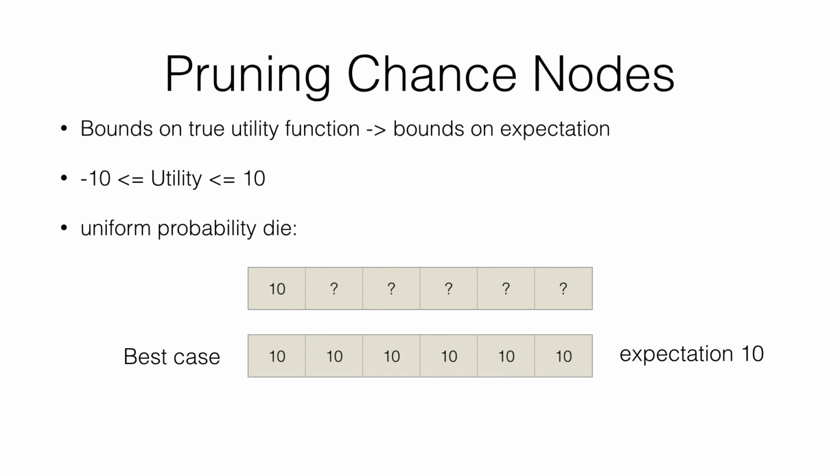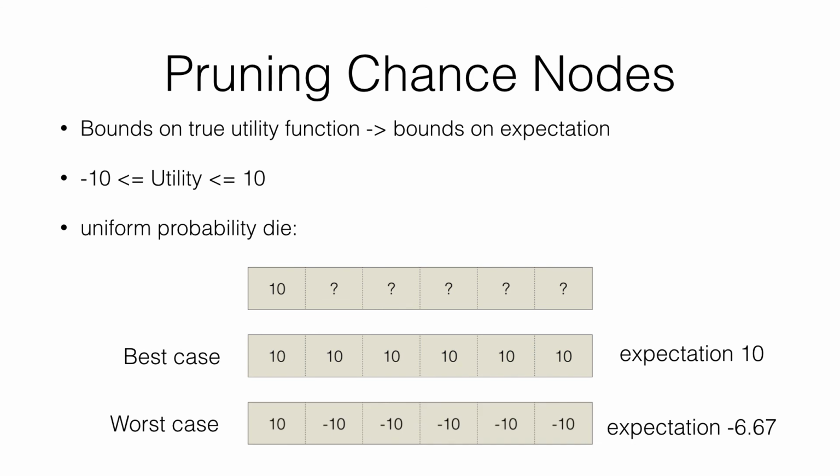In the best case scenario, we can still have an expectation of 10. So we actually didn't gain anything there because our bound is the same as the bounds on the total utility score anyway. All right, and then the worst case scenario is that all of the die rolls other than the one that we've evaluated are -10, the minimum possible utility.